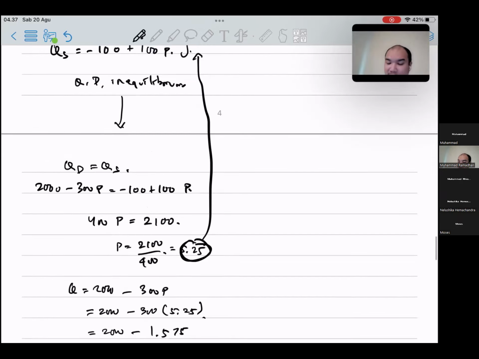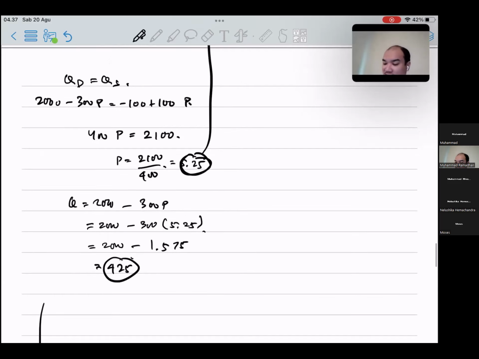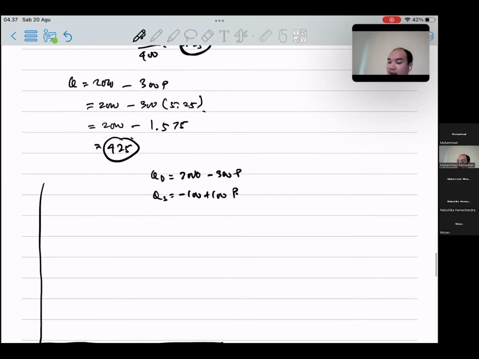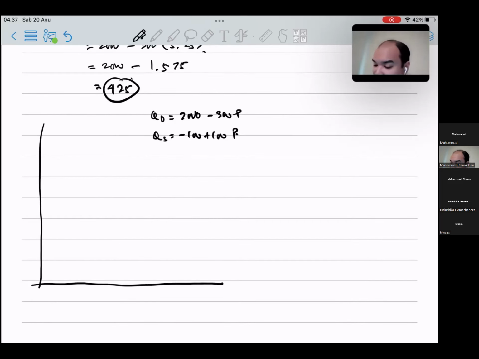Firstly, I will write it here. Okay, this is P and Q. If P equals 0 for QD, then QD is 2000. So 2000 is here.